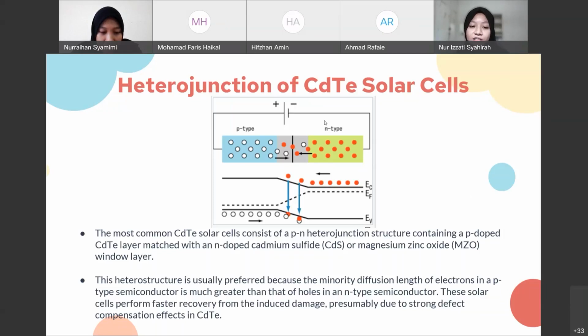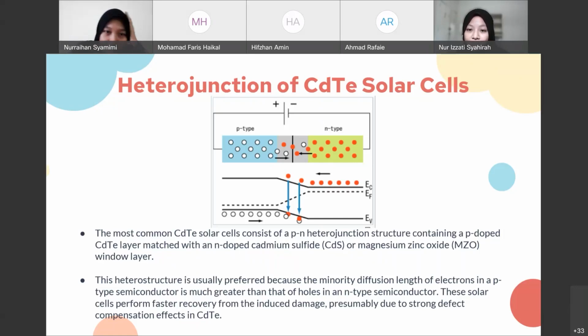This heterostructure is usually preferred because the minority diffusion length of electrons in a p-type semiconductor is much greater than that of holes in an n-type semiconductor. As a result, this solar cell performs faster recovery from induced damage, presumably due to the strong defect compensation effects in cadmium telluride.